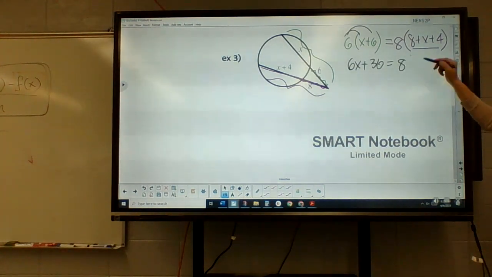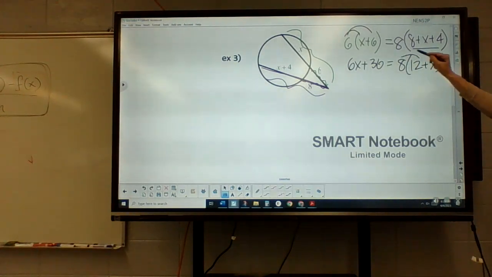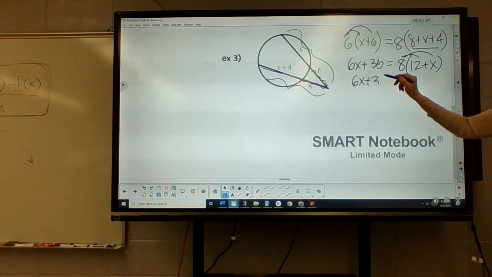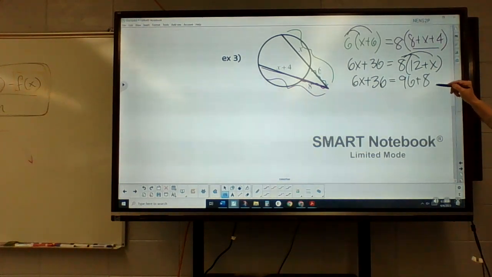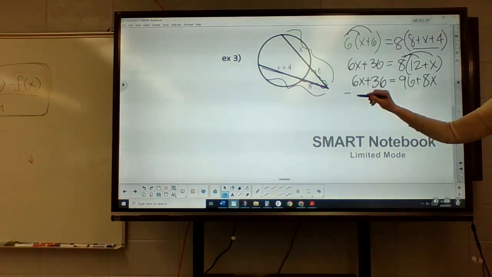Now over here, I might combine those first. That's 12 plus x, just 8 and 4 together. 8 times 12 is 96, I think. I like to bring the x's together first, so I'm going to move this 6x over.